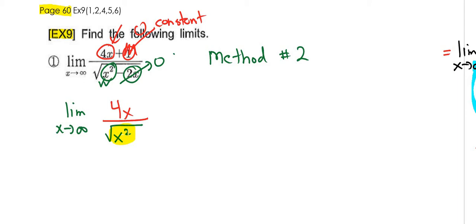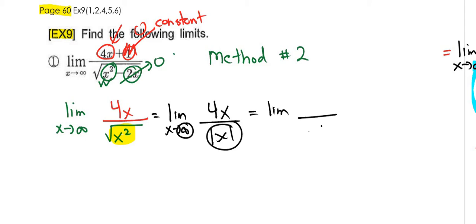Now remember, if you go back to your pre-calc 11 definitions, the square root of x squared is the absolute value of x. And since we're going to positive infinity, this absolute value sign just changes to a single x. Then those x's cancel off and you get 4 as the final answer.